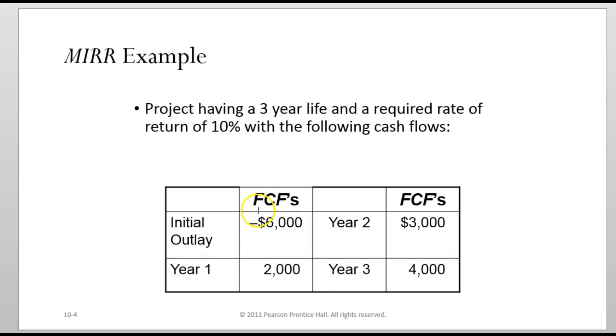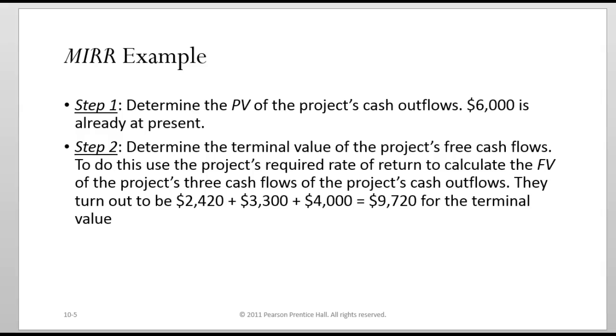Here is your scenario. You have an initial outlay of $6,000, then you have cash flows of $2,000, $3,000, and $4,000. Now, the unique thing about the MIRR is you're going to see the present value of the $6,000 outlay, but you're going to take the 2, 3, and 4 and turn it into future value.